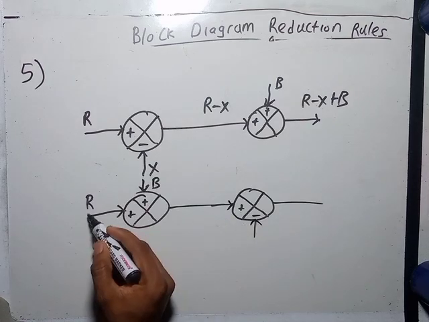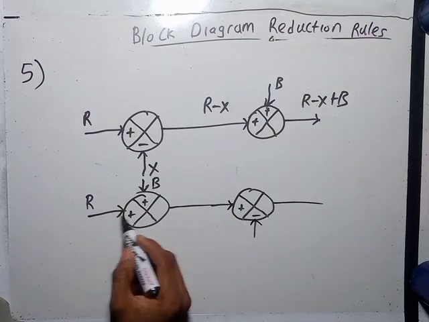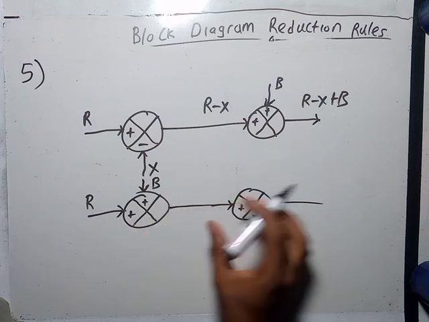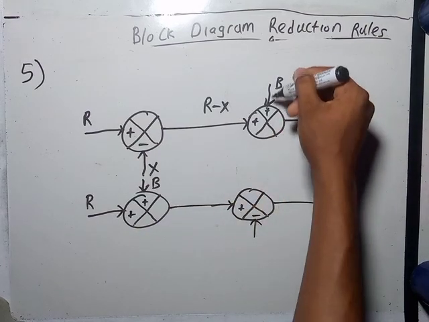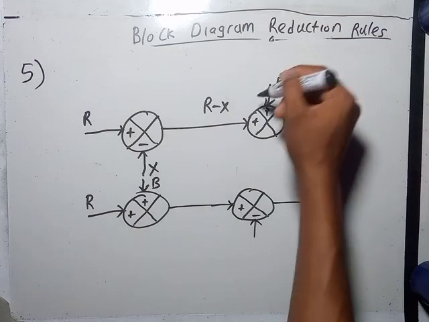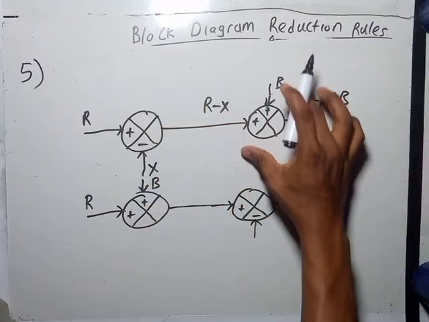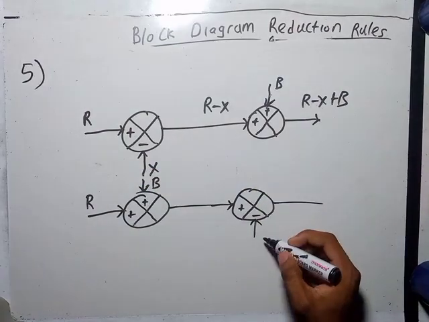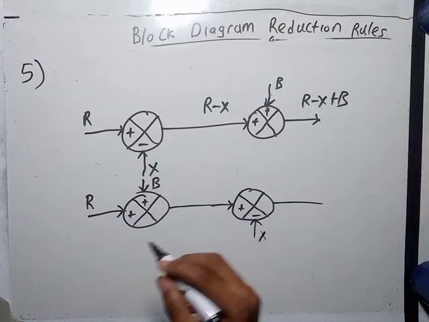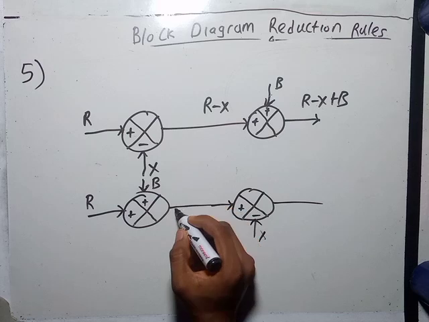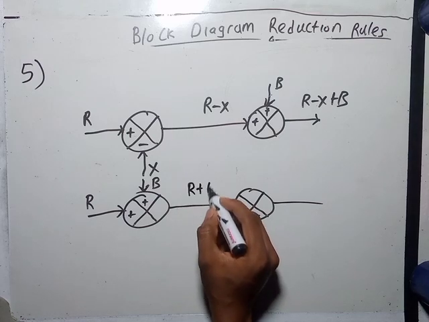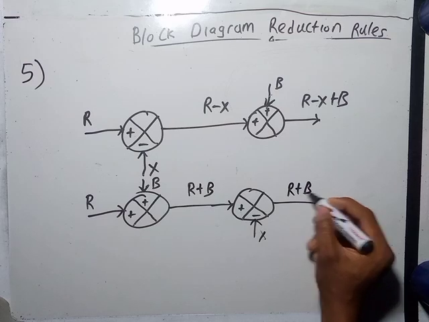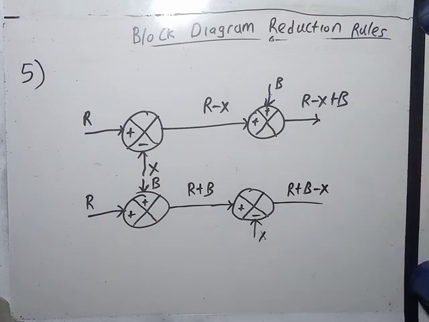As you can see, our R still remains the incoming signal, but the feedback signal is what is actually interchanging with the summing points. So you can see here when we are done, you have R plus B, and when it crosses here we have R plus B minus X, matching this.